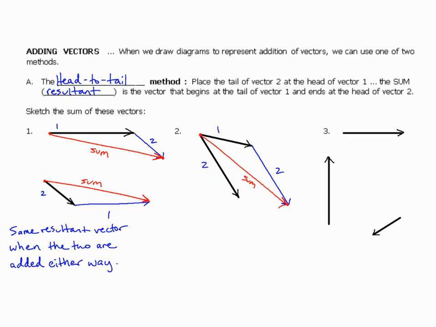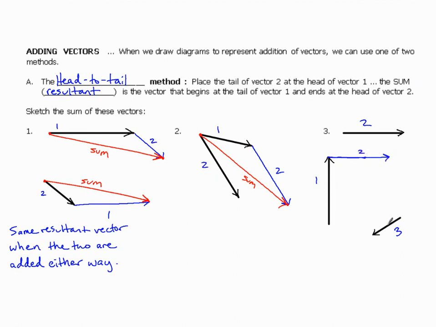This also works when we have more than 2 vectors. So we'll call this vector 1, this one 2, and this one 3. So using the head to tail method, let's go ahead and move vector 2 right here. There's number 2.